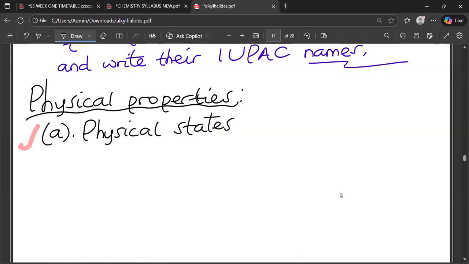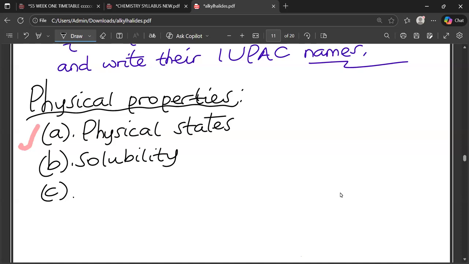You can even use the internet. These ones are not so serious. Solubility, just use the internet, make your own notes. Then after that I talk about the density.